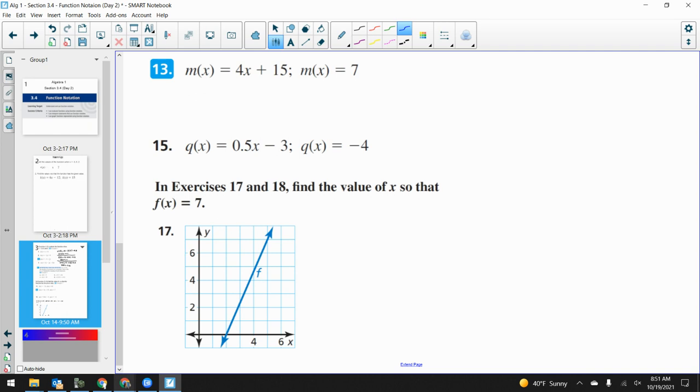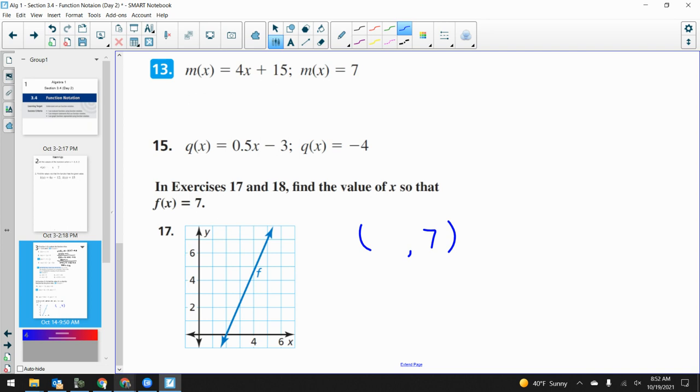However, if you call something f of x, you call it a function, and there are certain qualifications to that. We talked about that at length yesterday. So I'm saying when the y value is 7, what's the x value? Basically, on the line, what is the coordinate that has this y value?